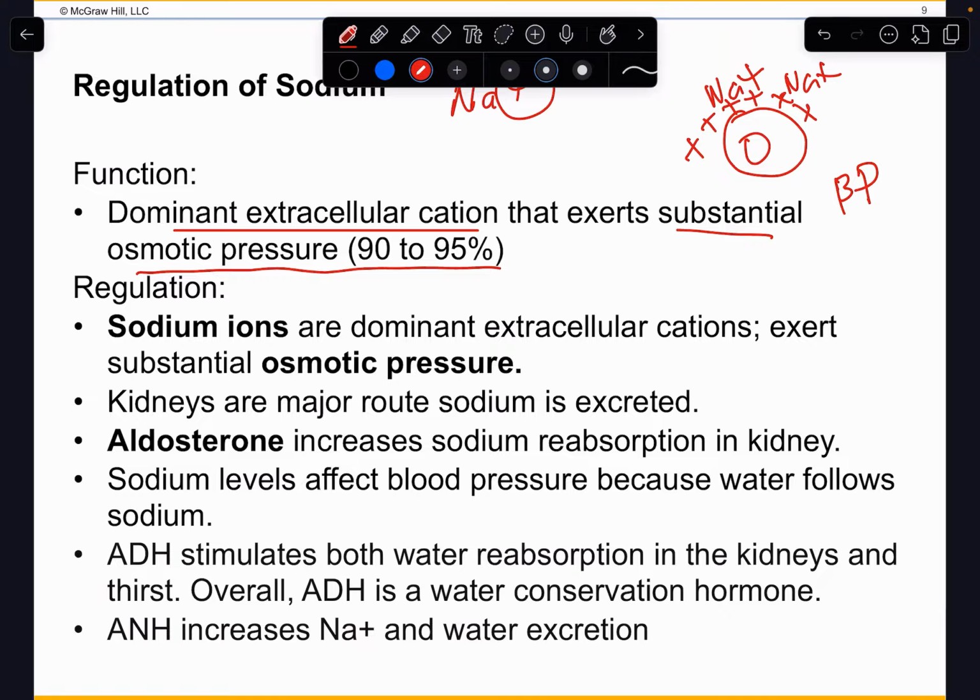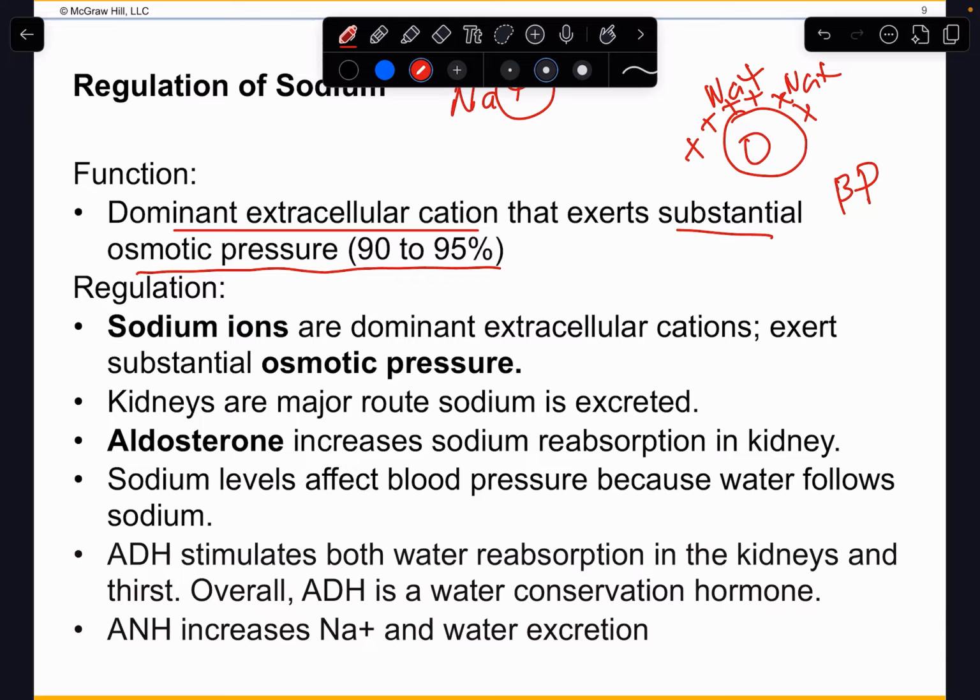Then it's also important for muscle contraction. The kidneys regulate sodium balance by controlling sodium reabsorption and sodium excretion. Kidneys do what? Filtration, reabsorption, secretion.